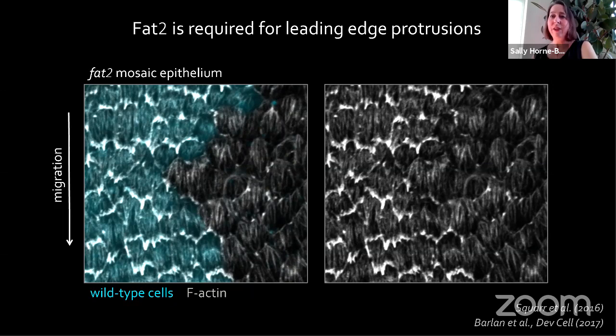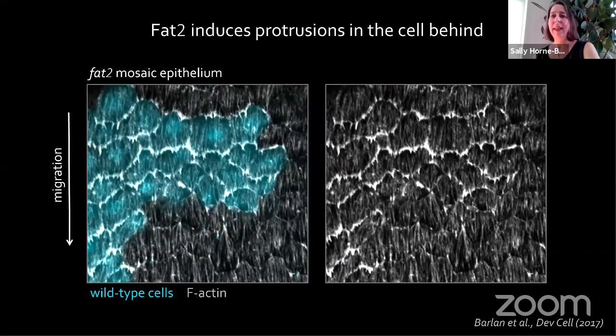And the reason that this occurs is because this phenotype is non-cell autonomous. Now you can see this really easily if we look at a clone with a different shape. First, I want you to focus on this row of wild type cells that's migrating right behind a row of FAT2 mutant cells. Because when we have this arrangement, the wild type cells lack leading edge protrusions.